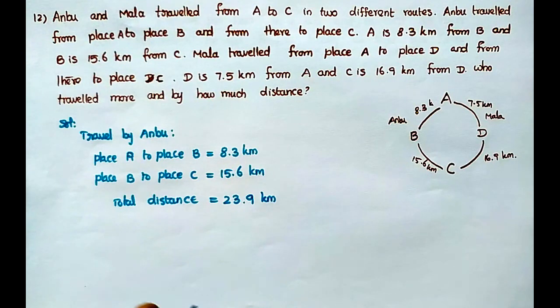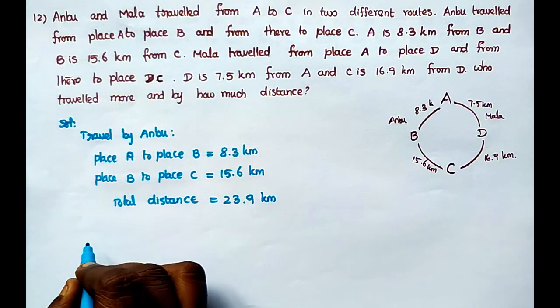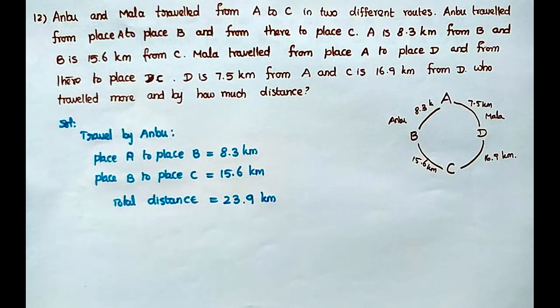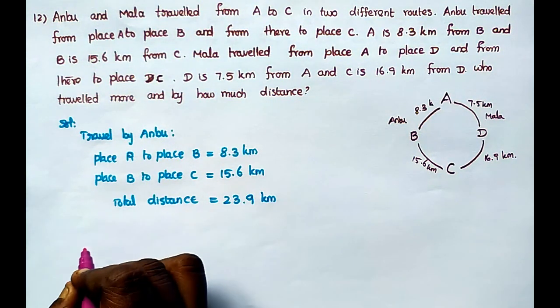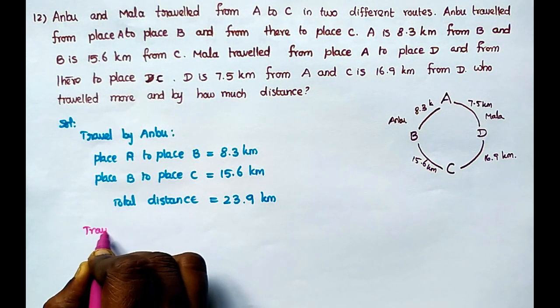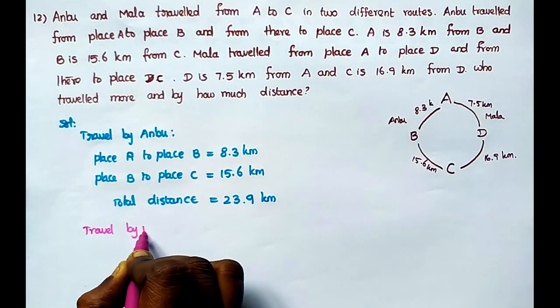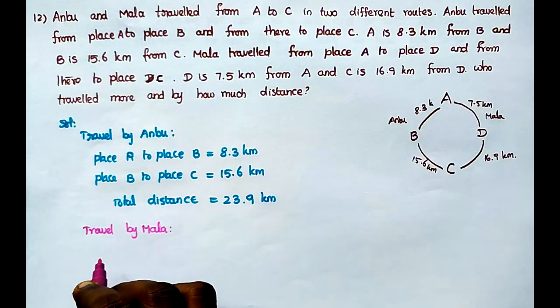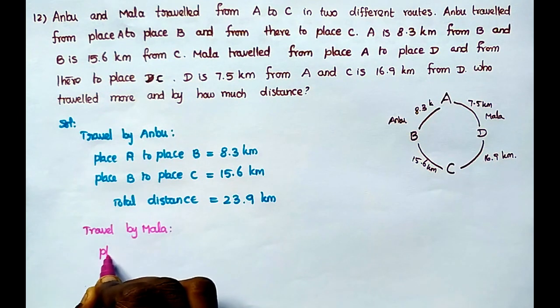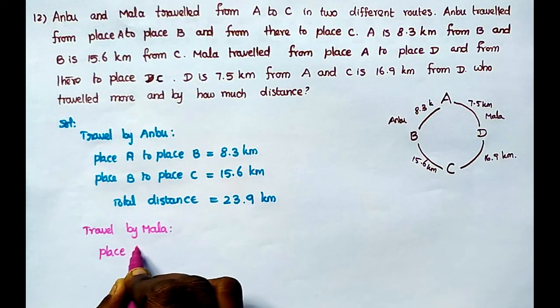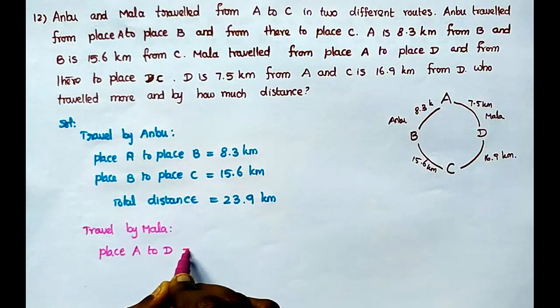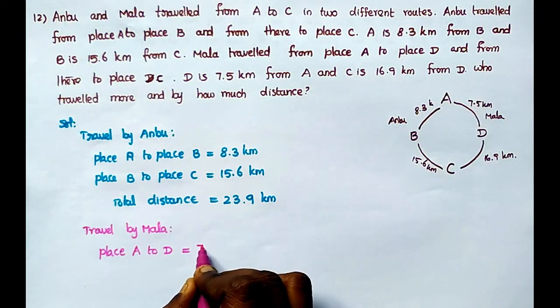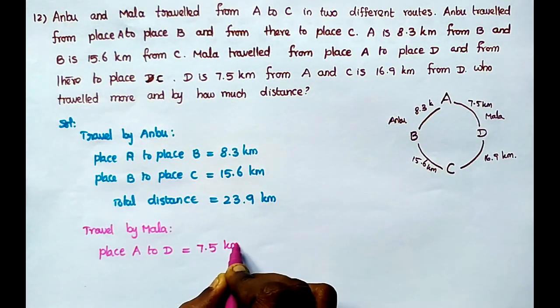Next one, travel by Mala. She chose the D route, that is place A to D. How much? 7.5 kilometer.